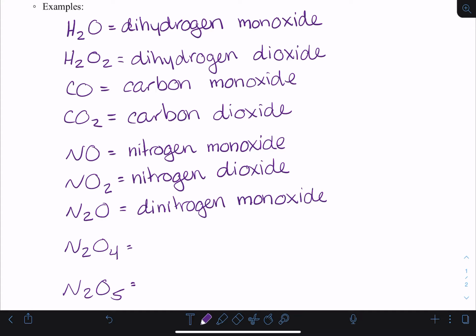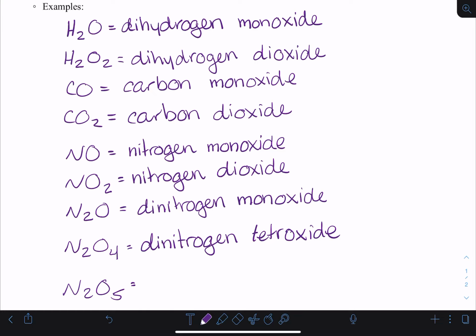For N2O4, we still have two nitrogens, so we include that prefix di. And now we have four oxygens, so we use the prefix tetra to get tetroxide. So note that sometimes you'll drop an extra vowel when you're adding the prefix, so it's not tetraoxide, it's just tetroxide.